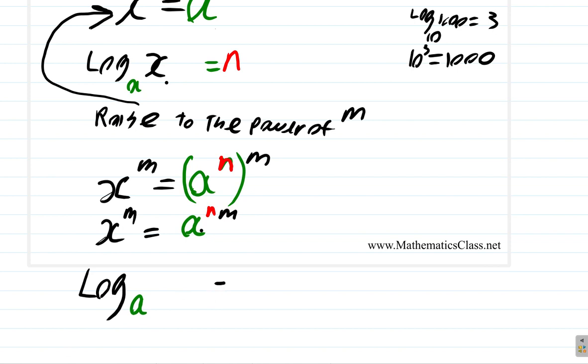And the answer in index form becomes the number that you log in log form. So the answer in index form would be x to the m. It's the number that you're logging when you come to log form. Right? So you see that?